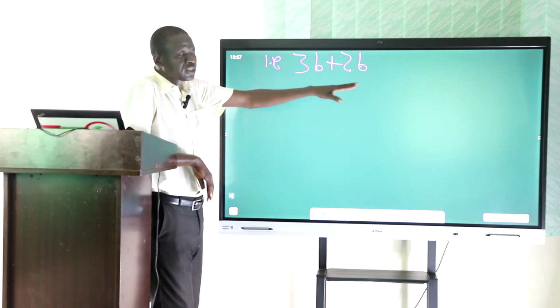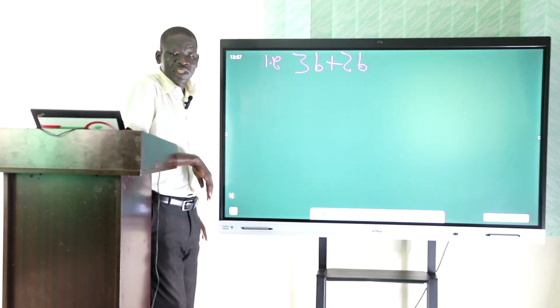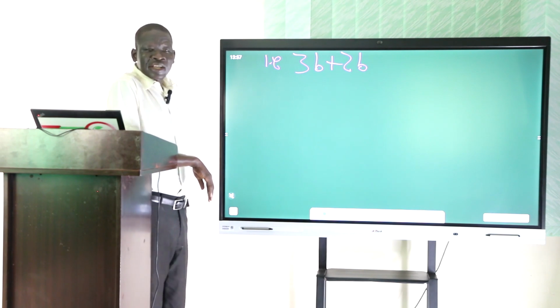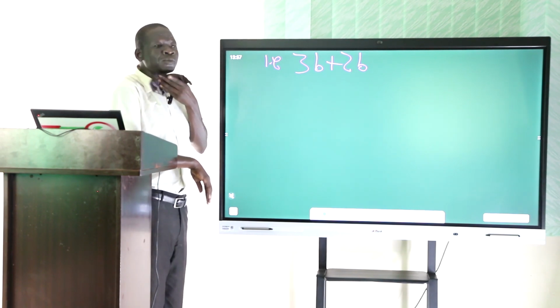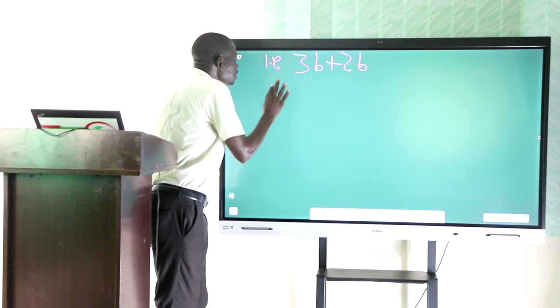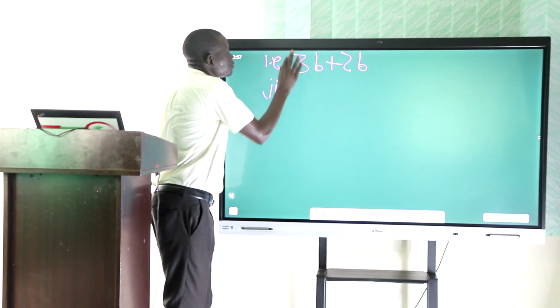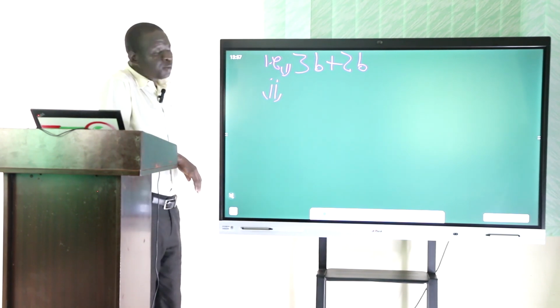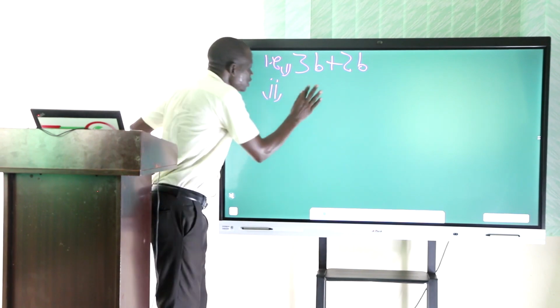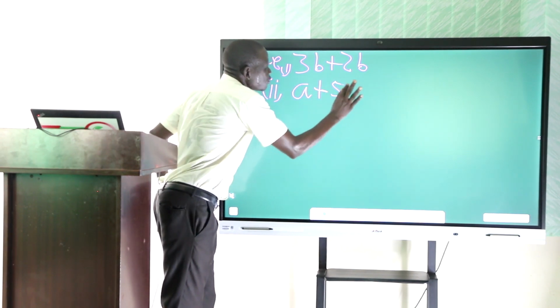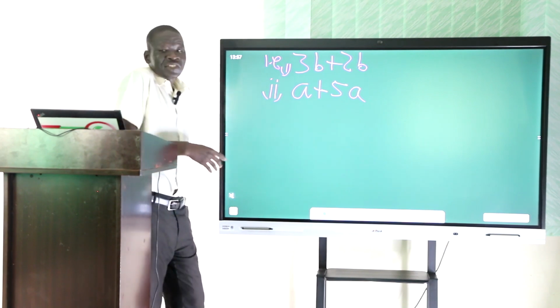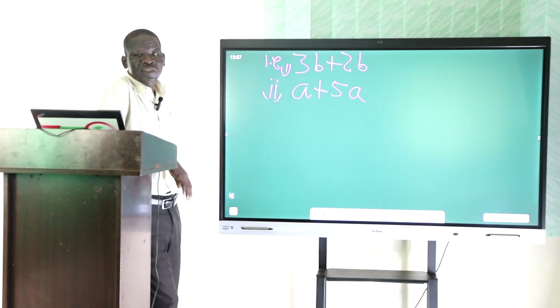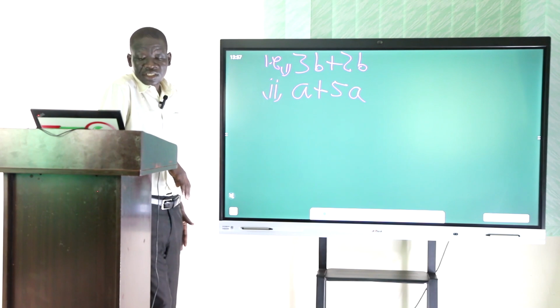So since the variables are the same, we say that those are like terms. We can also have another situation like a plus 5a. This is also an expression that consists of like terms.